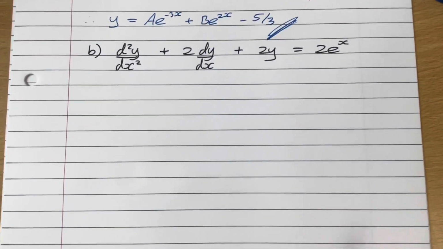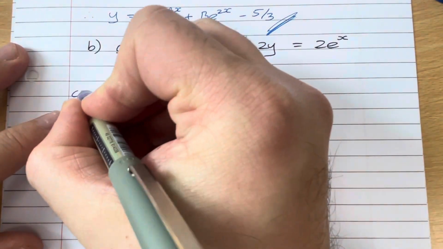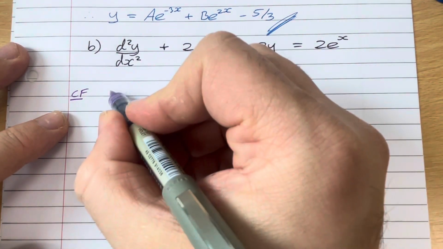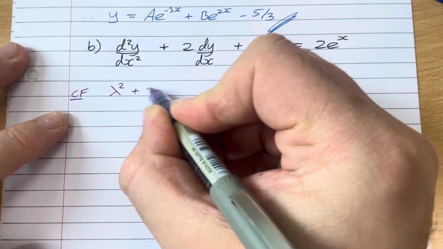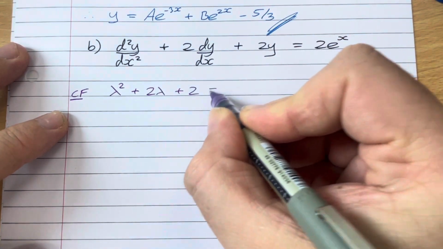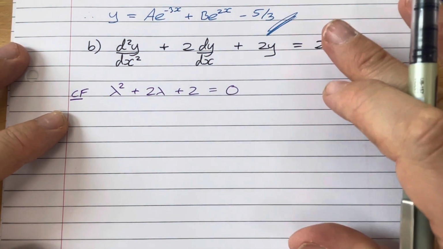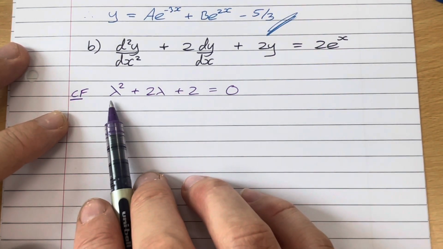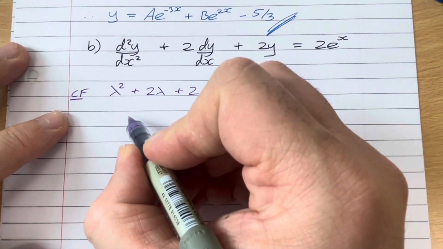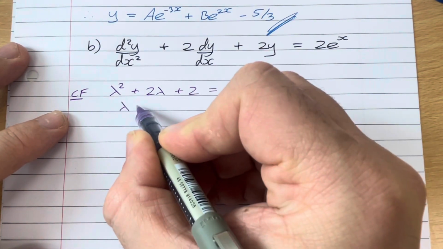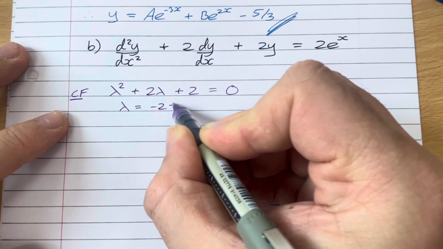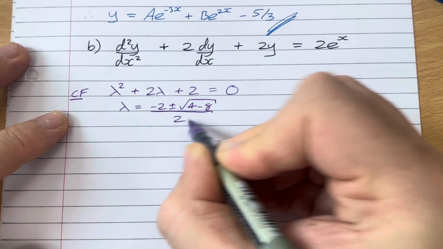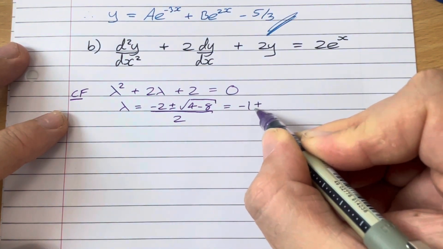Complementary function. We're going to jump straight to the auxiliary equation, which in this case will be lambda squared plus 2 lambda plus 2 equals 0. Pretend that f of x is 0 to get my complementary function. The solutions to this auxiliary equation: lambda is equal to minus b plus or minus the square root of b squared minus 4ac, all divided by 2a, which in this case is minus 1 plus or minus i.